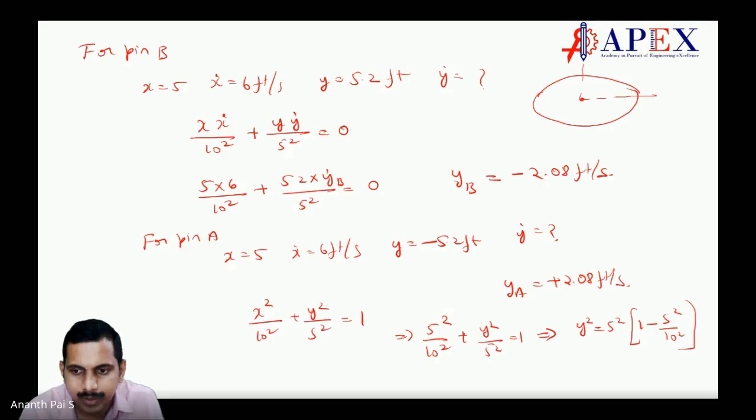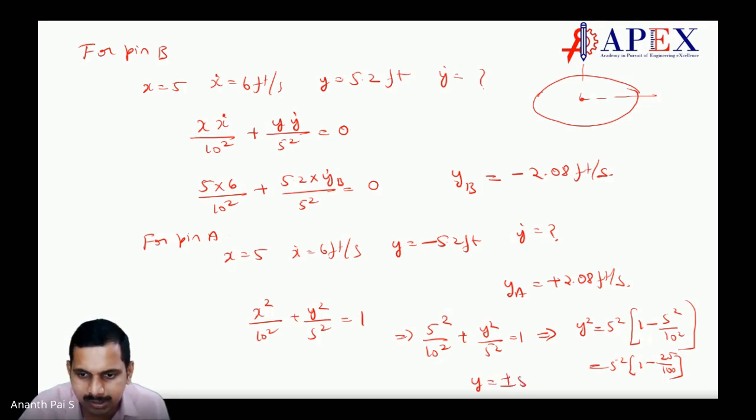Make sense? Yes, sir. So what is 5 square by 10 square? 1 minus 25 by 100. Calculate that, you will get y is equal to plus or minus 5.2, correct?